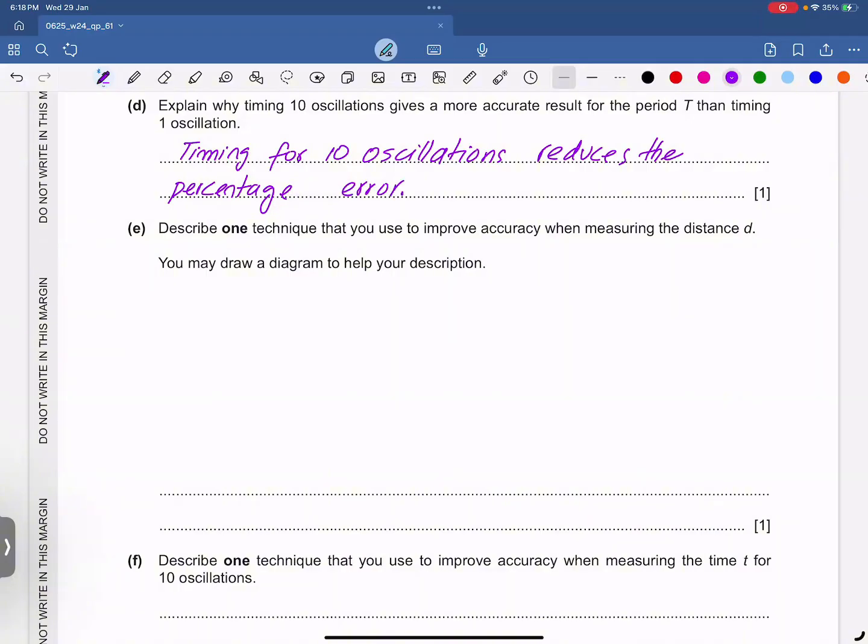So percentage error will be reduced because the error will be spread over a longer time. So this is the ideal answer. We'll proceed to the next one.